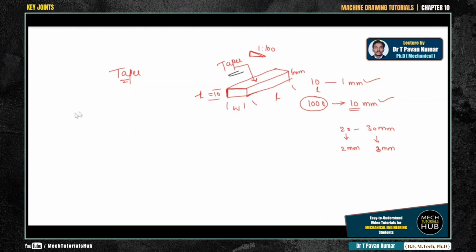Now coming to a saddle key. Saddle keys, as I said, are classified into two types: one is hollow and one is flat. Coming to the hollow saddle key, the key is something like this. Have a look at it. I'm going to draw the 3D representation.